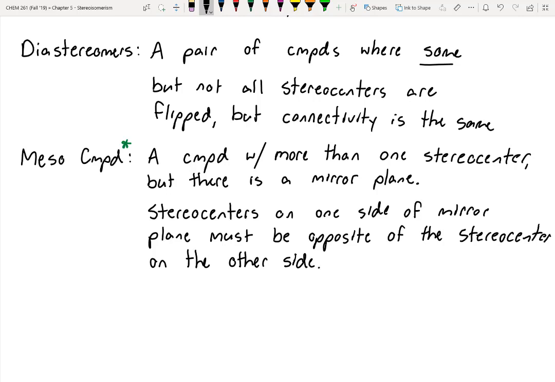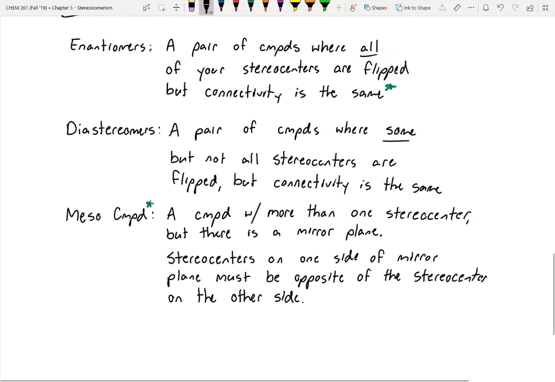Does that make sense? So if there's a mirror plane where you're cutting the molecule in half and you've got a left-hand side and right-hand side and you've got an R on your left-hand side, what must it be on your right-hand side? S. It must be the opposite. So you can use these as a pretty easy trick.